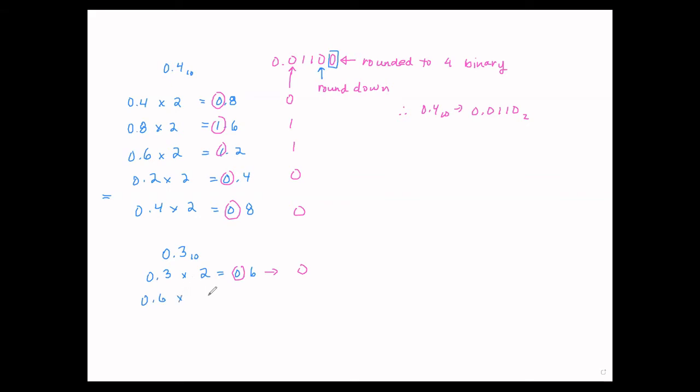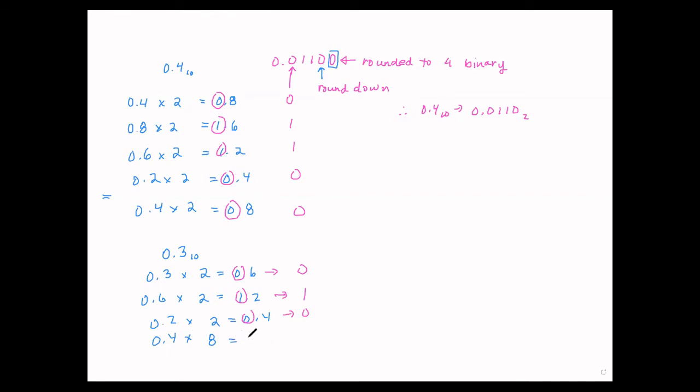And then I take 0.6 and I multiply it by 2 and I get 1.2. The next value over is a 1. Now I take the 0.2, multiply by 2, and I get 0.4. That's a 0. We're almost at 4, so we're getting there.